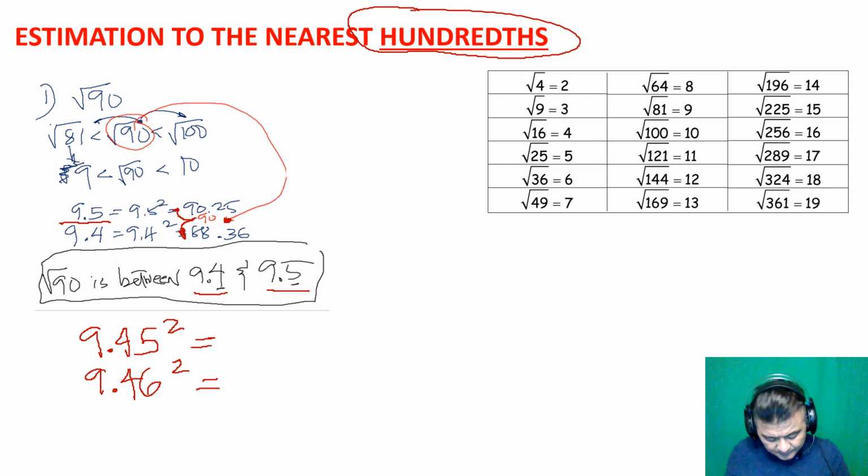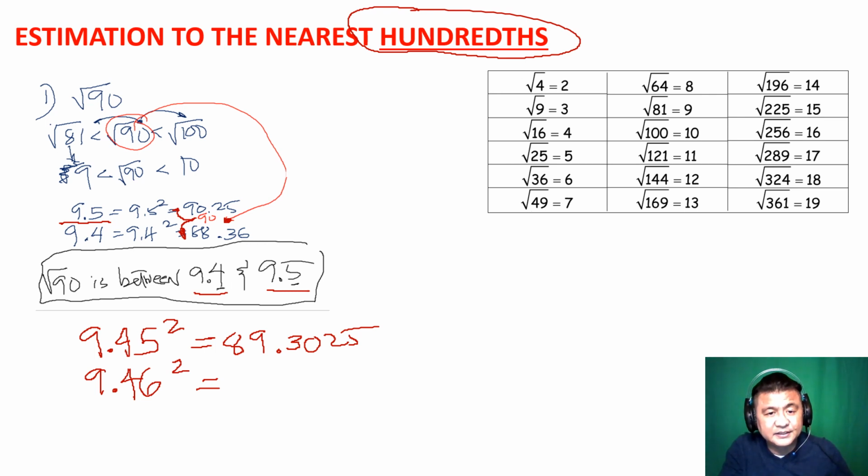Okay, let's try 9.45 squared, which will give me 89.3025. 9.46 squared will give me 89.49. But we could still look at the nearest one to 90.